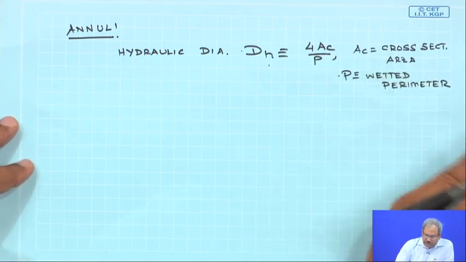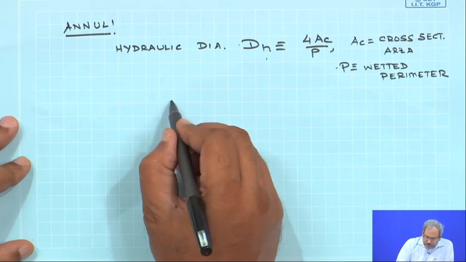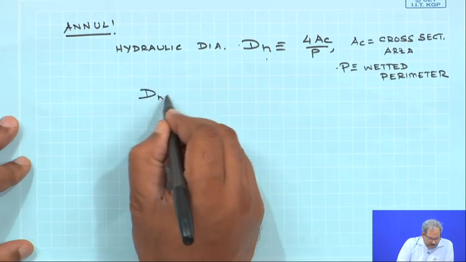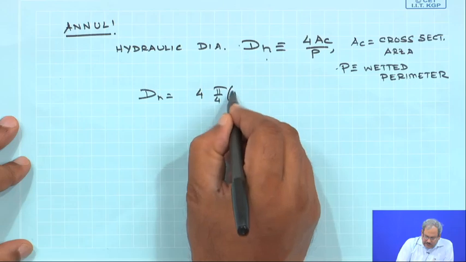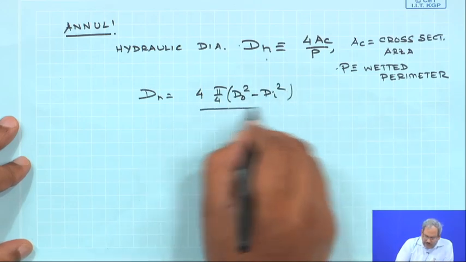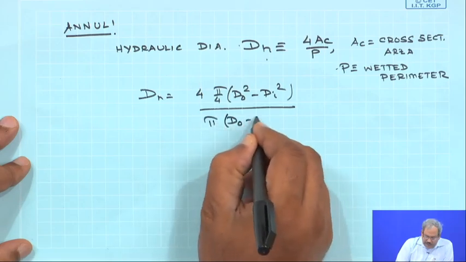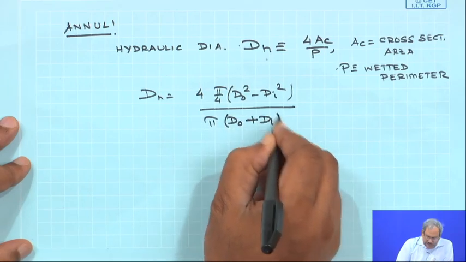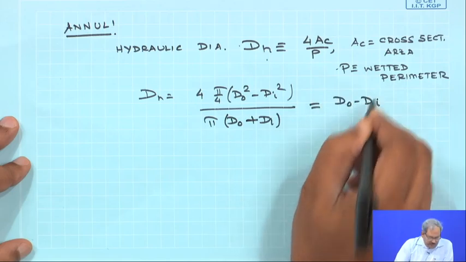So, d h is therefore 4 times pi by 4 times d o squared minus d i squared, and obviously the wetted perimeter would simply be pi times d o plus d i. So, this would give rise to d o minus d i.